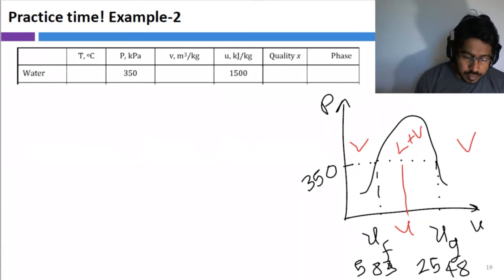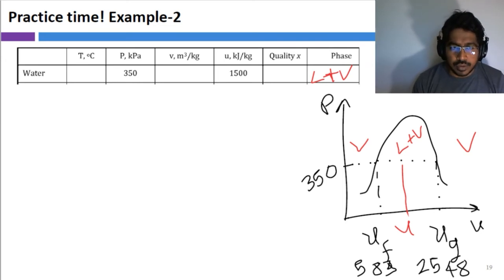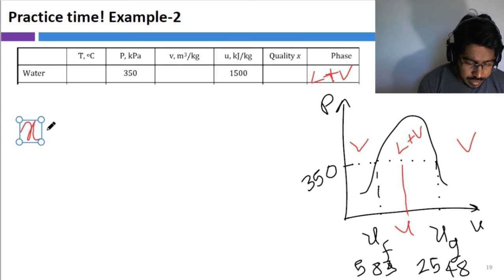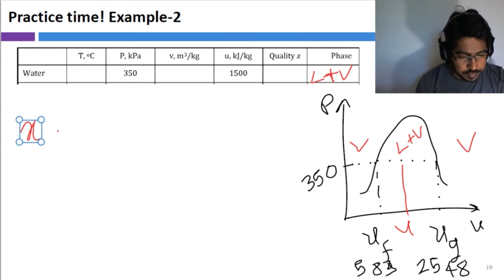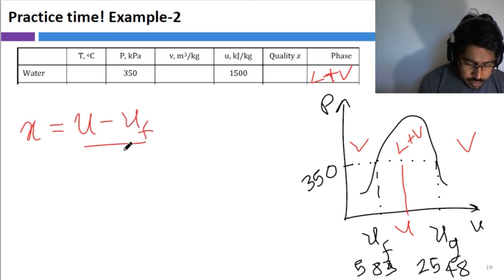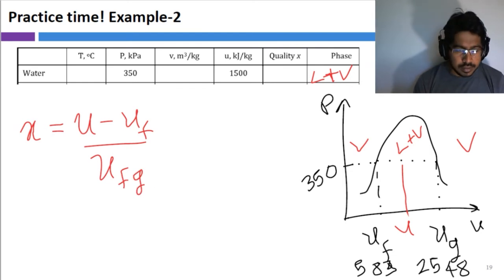So now we know that it is in the liquid plus vapor region, or two-phase region, right? You can write either, it's all good. And then to find quality, we can use internal energy: X equals U minus UF divided by UFG, right?